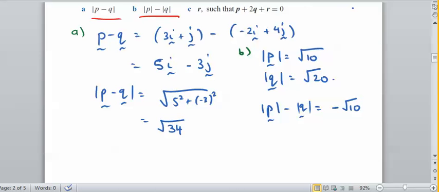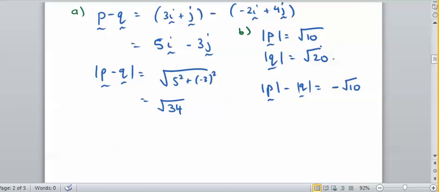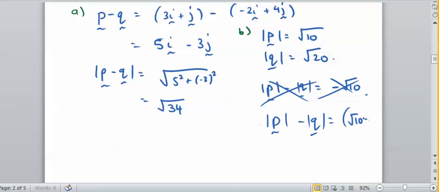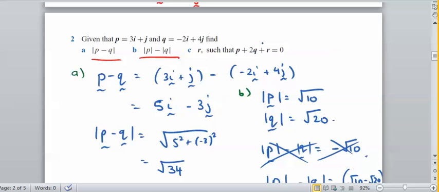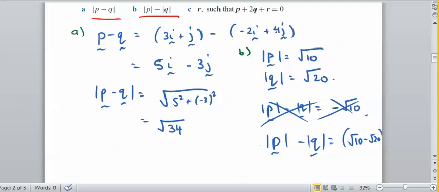So I've gone ahead and done something silly, I've lost my brain. P minus Q is equal to root 10 minus root 20. So P plus 2Q, you guys can do this whilst I'm doing it.